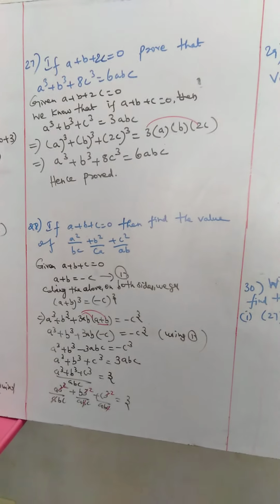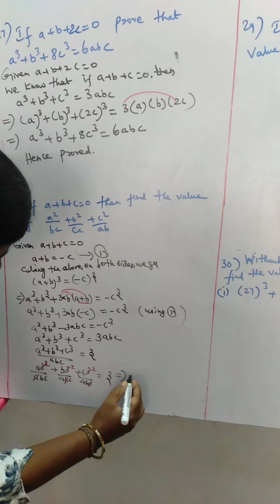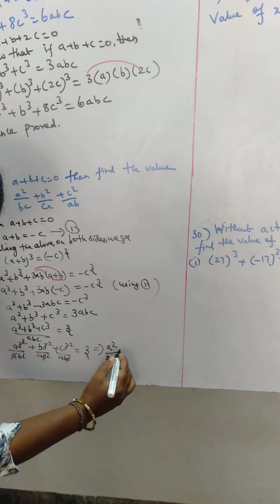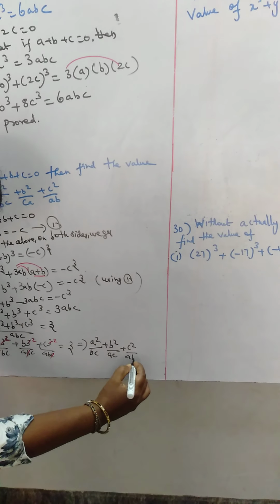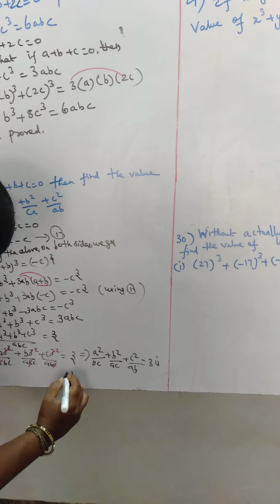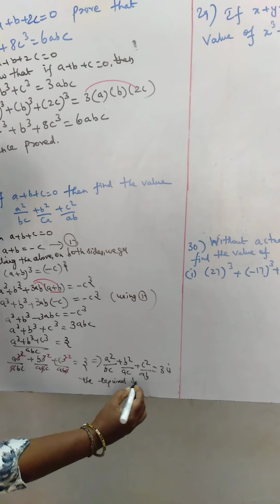So what will be left here is, which implies a square by bc plus b square by ac plus c square by ab equal to 3 is the required solution.